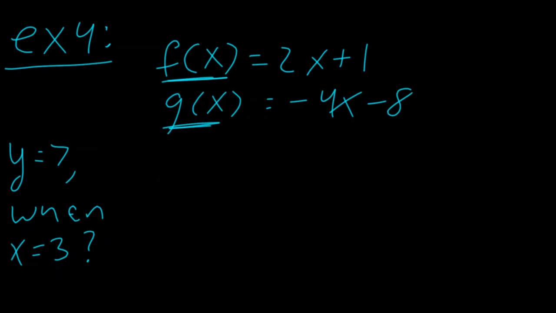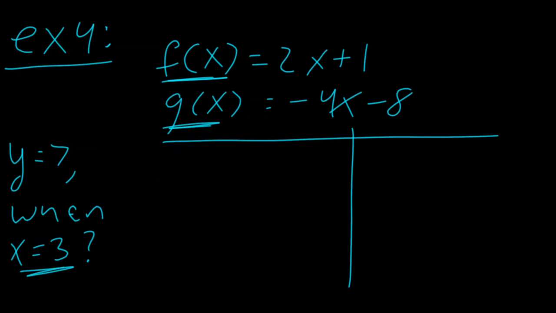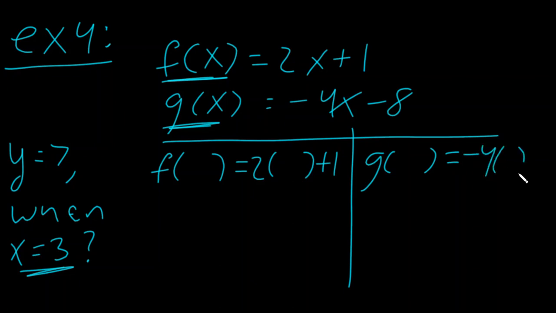Well, all you would have to do is literally plug in x equals 3 into both of these and evaluate them. So for example, we know that our f of x would equal 2 parentheses plus 1, and our g of x would be negative 4 parentheses minus 8.